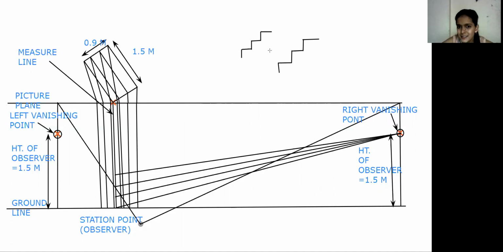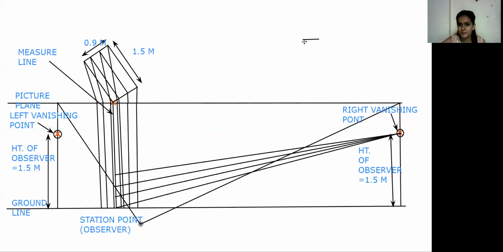And what is next? Third part remaining. We just need to connect between the sides. Okay. So this way we will draw the perspective view.